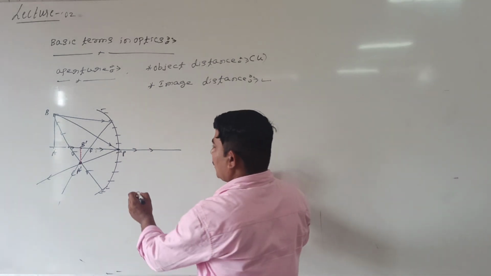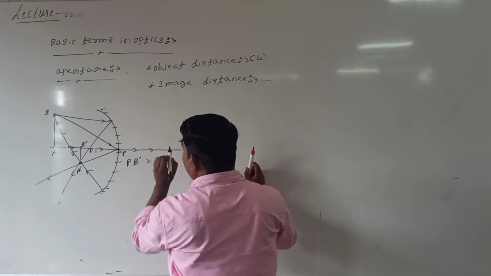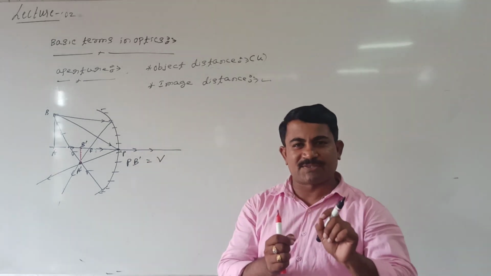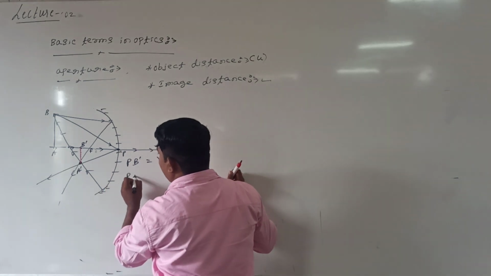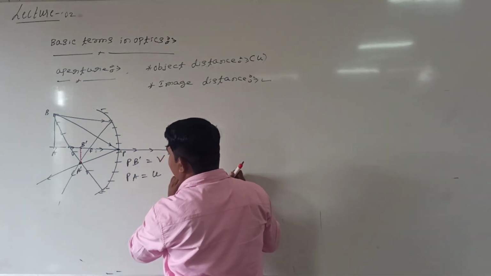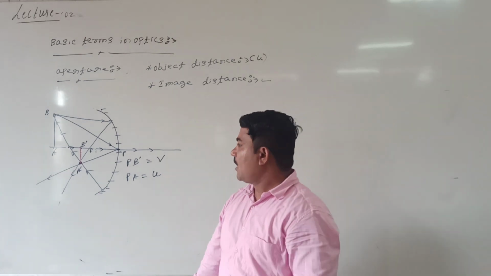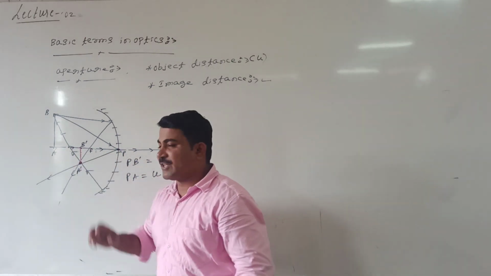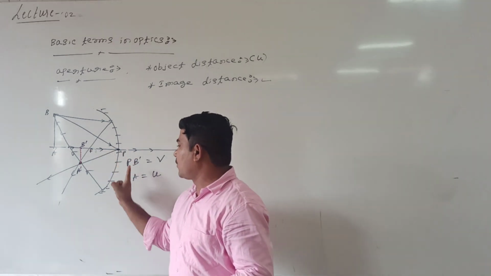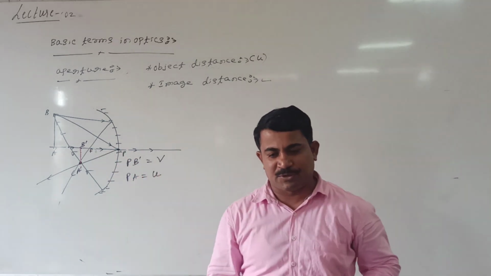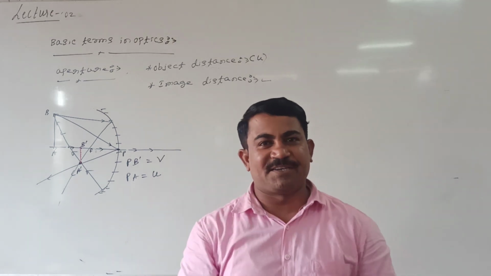In this figure, P B dash is equal to V, the image distance, and PA is the object distance. The distance between pole and object is called the object distance. On the other hand, the distance between pole and image is called the image distance. Remember this point. These are basic terms required to study reflection of light.